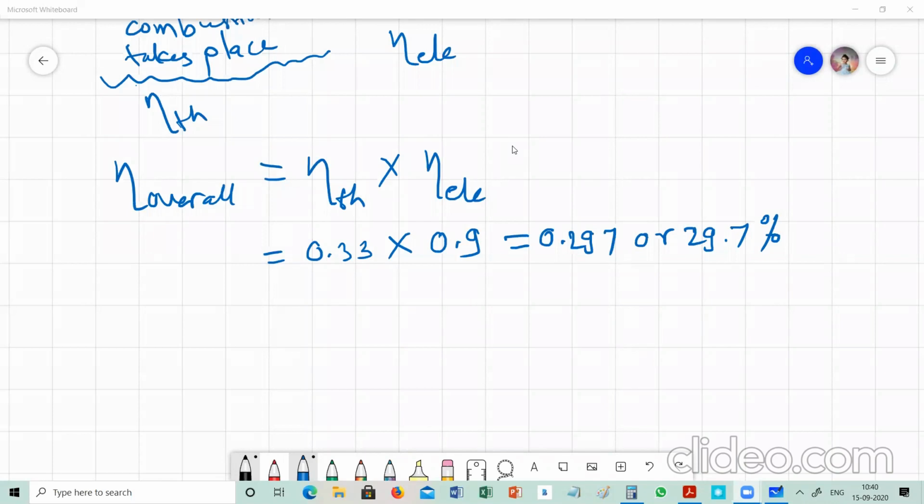Once we have calculated efficiency, if we know the input energy, obviously the input energy is the heat of combustion, using the input energy and the efficiency, we can calculate the output power. So now we have the overall efficiency, and this overall efficiency can also be written as output by input.